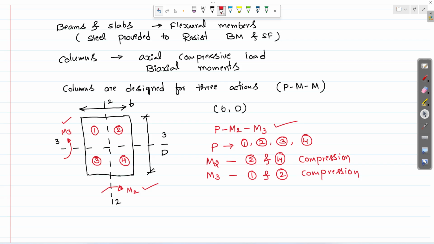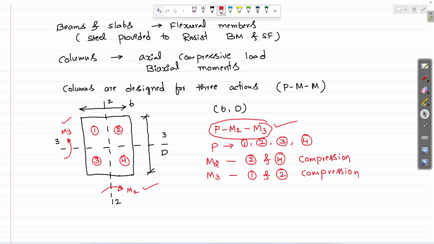It all depends upon PU and M2, M3. Complex behavior because of three actions interacting with each other. It depends upon three interactions.